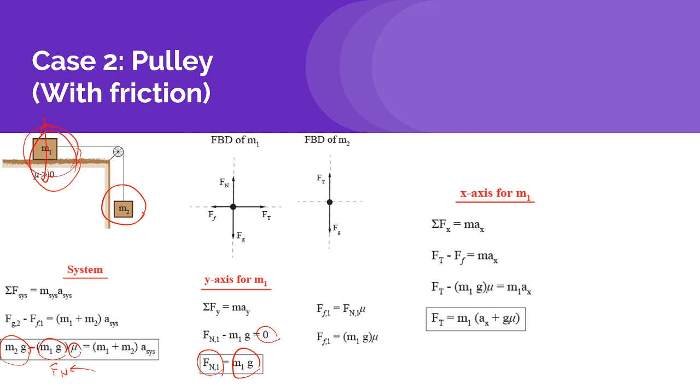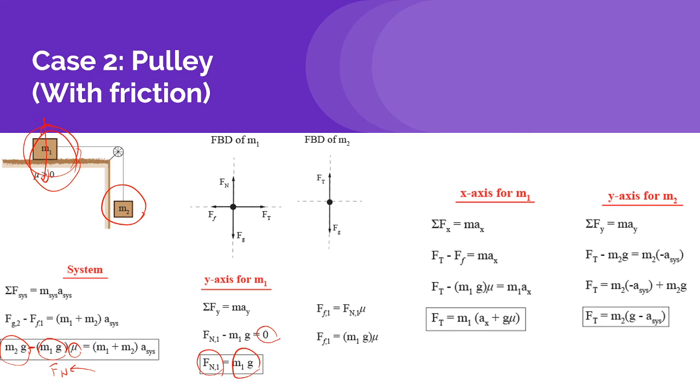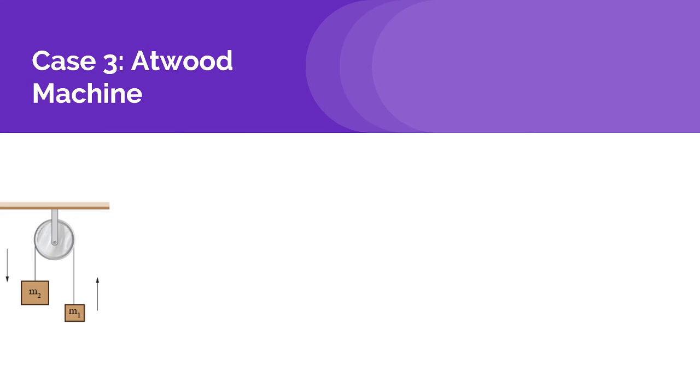And x-axis for the first object, and y-axis for the second object. And you can use both of the free body diagrams to find the tension. You just need to be careful that they both should be the same, because tension along the same string is going to be the same throughout.